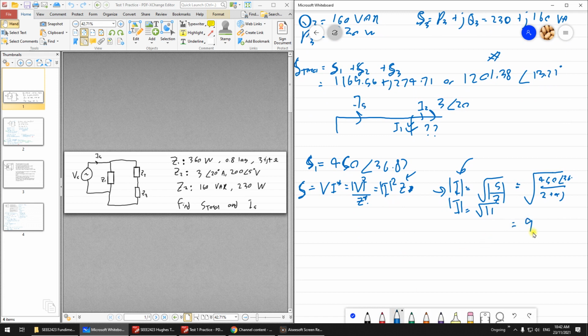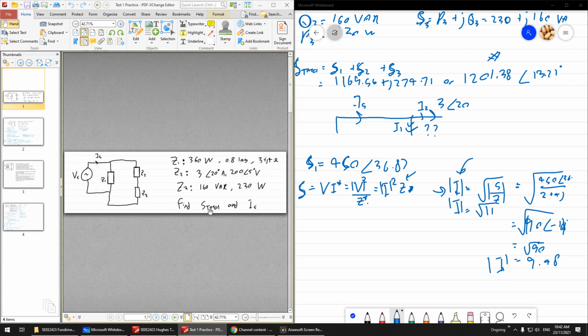So you get 90 angle negative 16, but of course you have to take the magnitude of this, so you get the square root of 90 only. The square root of 90 is equal to 9.48. This one is only the magnitude, I1. So you have to insert this into here.